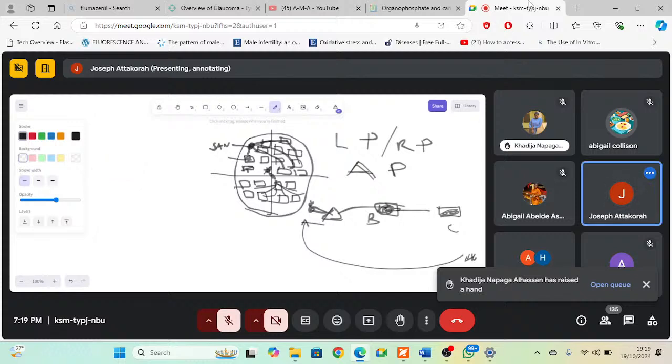So you have A releasing impulses. The moment A gets impulses from the sinoatrial node, it will be stimulated. Without the impulses, A will be in a resting mood, and then A will wake up. You need energy to wake up. It's like a patient who is hypoglycemic after taking alcohol.